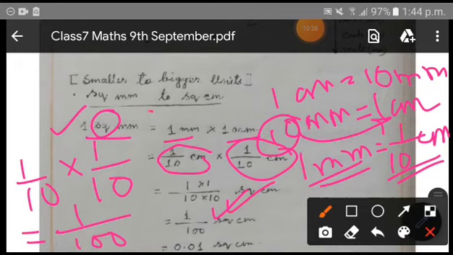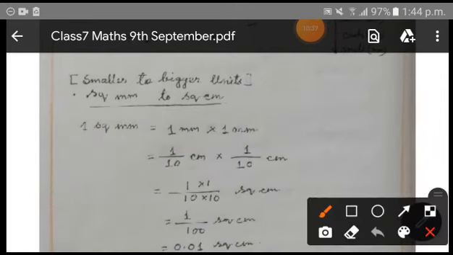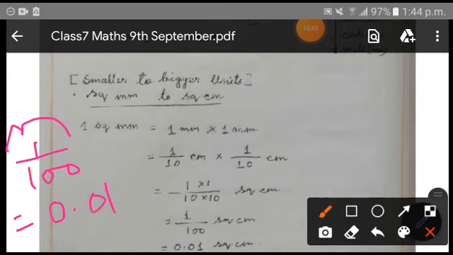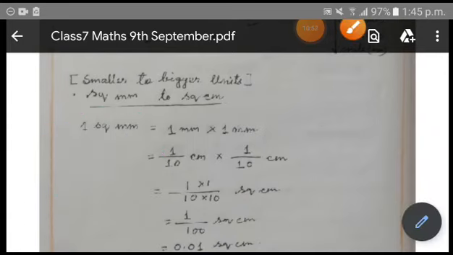If you want to convert it into a decimal fraction, you just move the point: the decimal point shifts 2 places to the left. So you have 1 square millimeter equals 0.01 square centimeter.